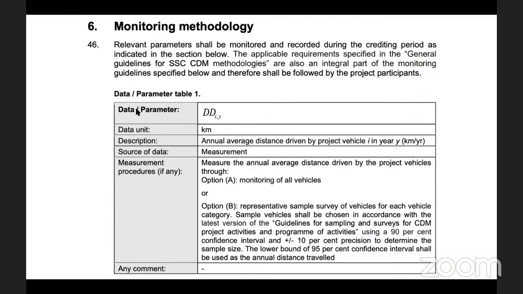For the parameters, DD is in kilometers. Description: annual average distance driven by project vehicle in a year.